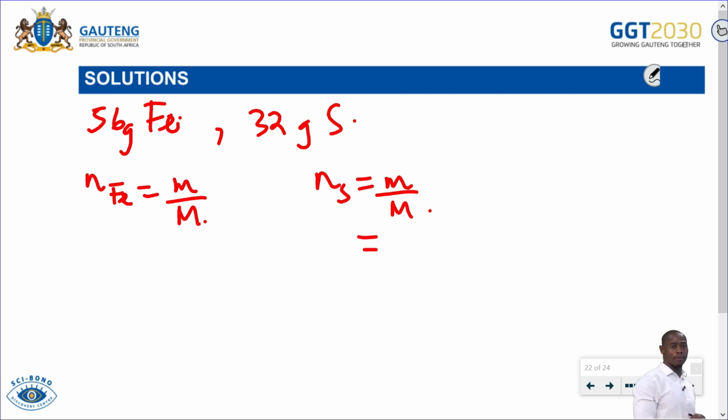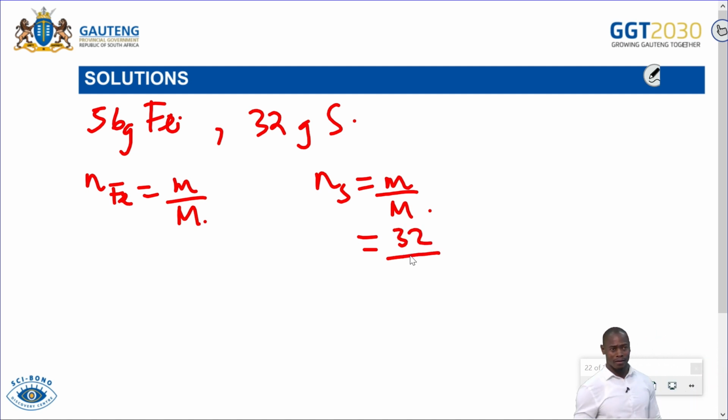So the mass of sulfur is 32. Then the molar mass of sulfur, from the periodic table, is also 32.